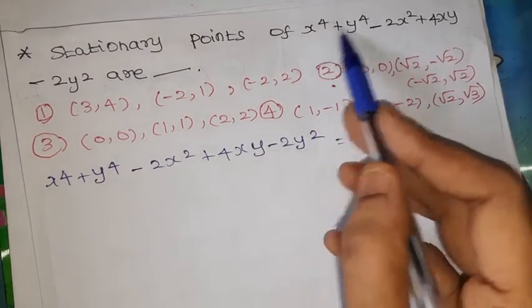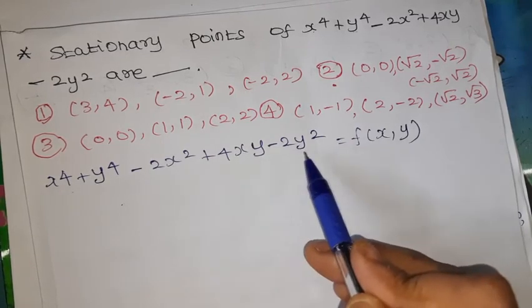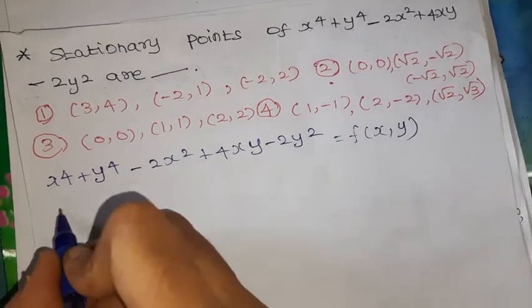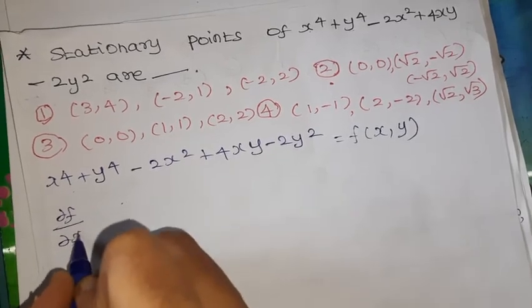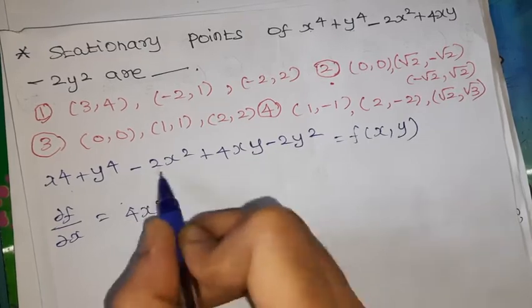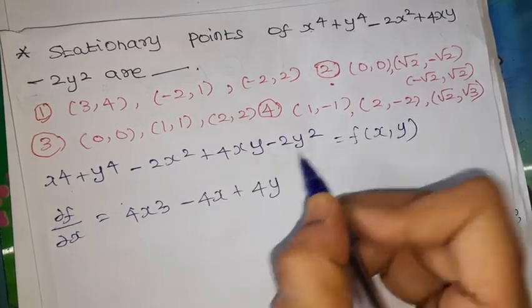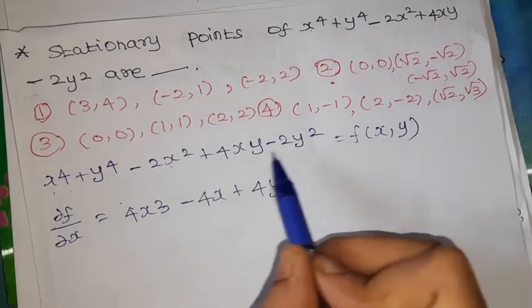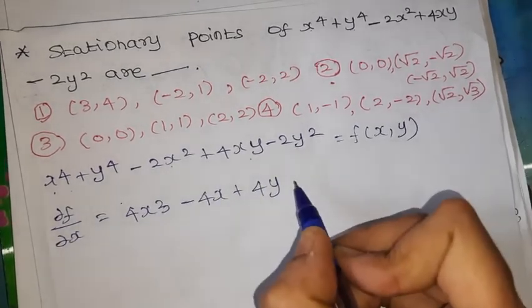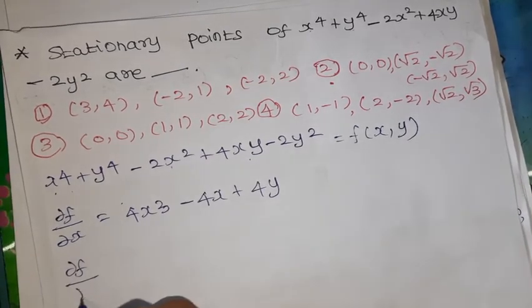I am just cross checking. x power 4 plus y power 4 minus 2x squared plus 4xy minus 2y squared, okay. First we need to partially differentiate with respect to x. So, 4x cube minus 4x plus this term 4y, okay, this and this alone. Then we need to find out the dou f by dou y.